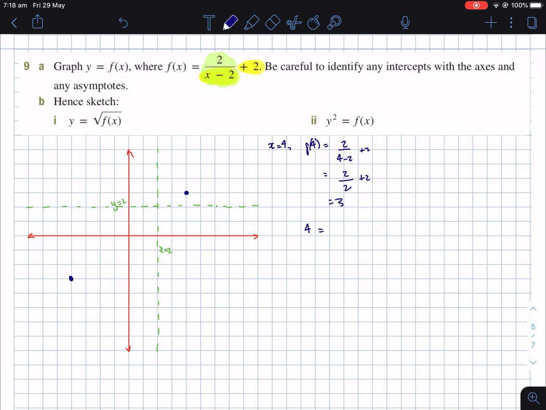So 2 over x take 2, plus 2 equals 4. Subtract 2 from both sides, I get 2 equals 2 over x take 2. Rearrange, I get x take 2 equals 2 over 2, so x take 2 equals 1, so x equals 3. So when y is 4, x is 3. There we go. And it'll be the same but down here.